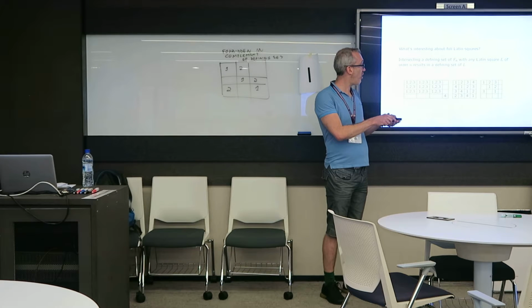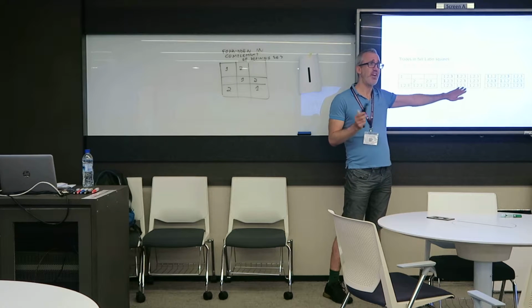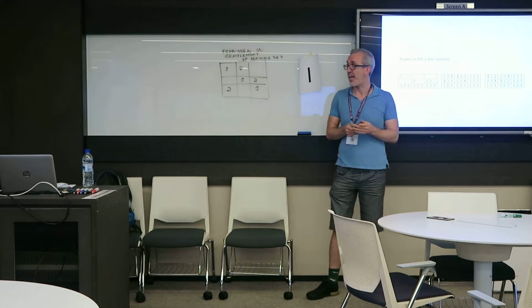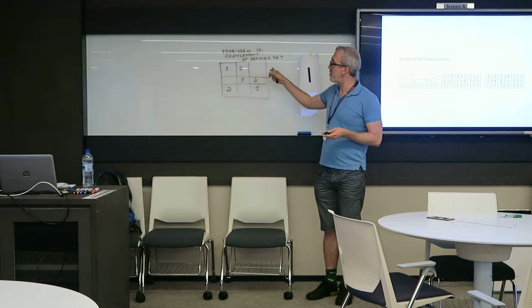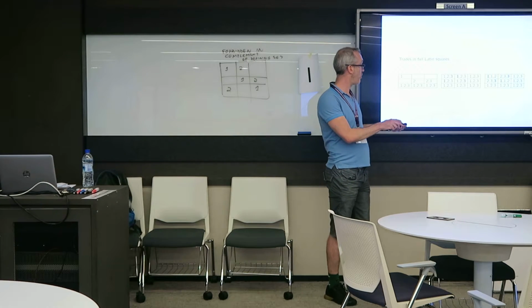Somehow the way I think of it is that in your full Latin square, you've really got all the information about every Latin square in there. So every Latin square is contained in there, and particularly every type of cycle or in general a trade is also contained in it.